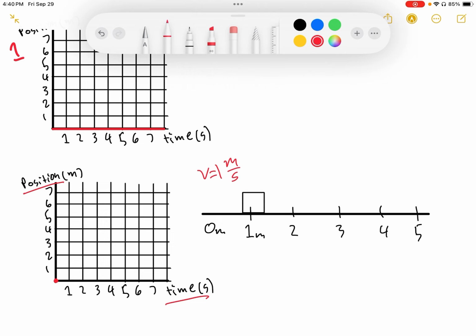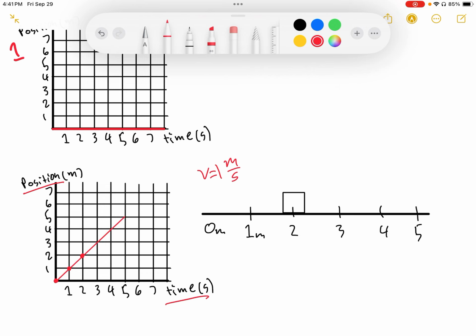Okay, right? So it looks like that. When another second has passed, our box is at 2 meters, right? Pretend you have a stopwatch here, and you're checking where it is every second that passes. Okay, now our box is here, right? And every second that passes, I go 1 more meter. So I should have a graph that looks something like this, right?